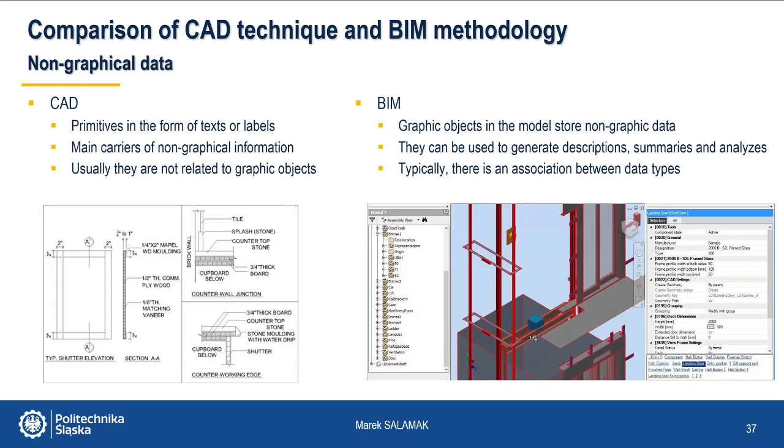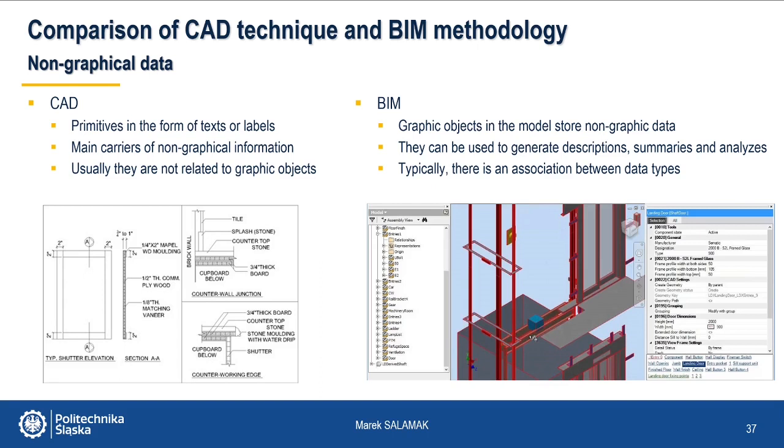Information is not only graphics, but above all, numerous non-graphical data that are present in every construction investment. In the CAD technique, we again use primitives in the form of texts or labels, blocks with attributes, for example.